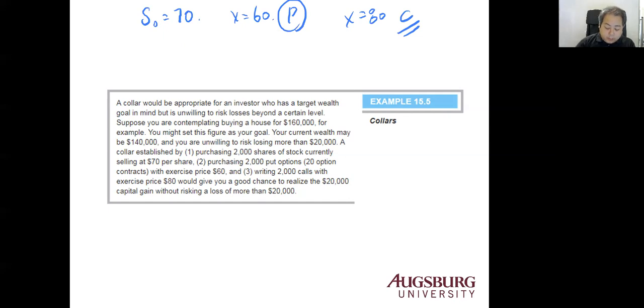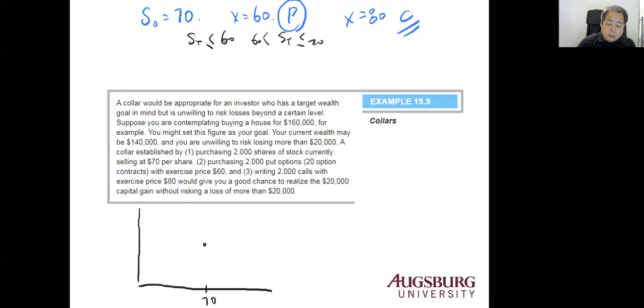Let's draw a graph, actually. Let's see your wealth. Suppose the current stock price is $70. So you have a $70 stock, and the stock price starts to decline. Consider when the stock price is below $60, between $60 and $80, and above $80.